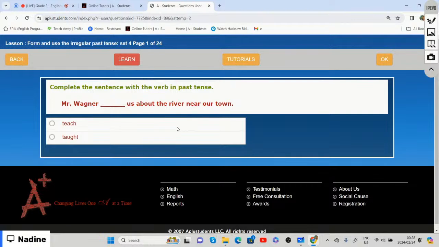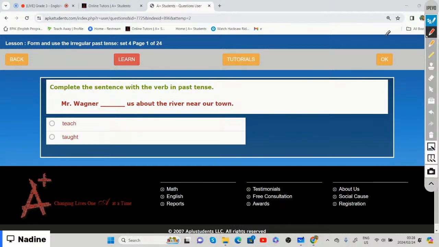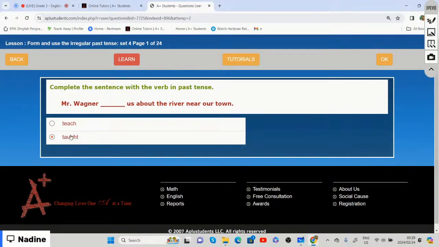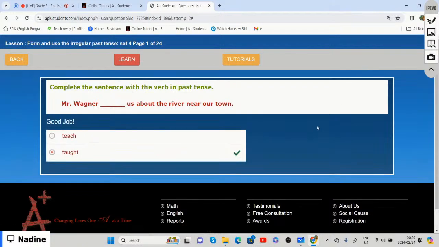And if we complete the sentence with the verb in the past tense, then we say Mr. Wagner taught. And taught is correct.